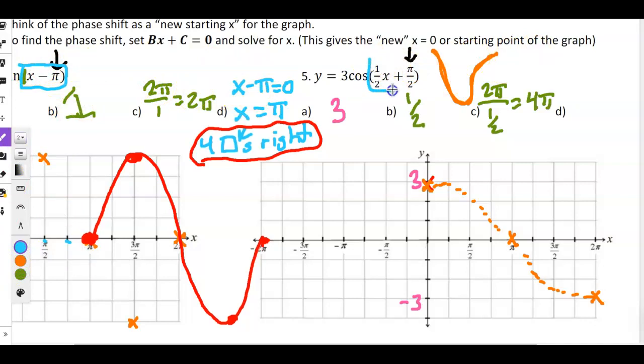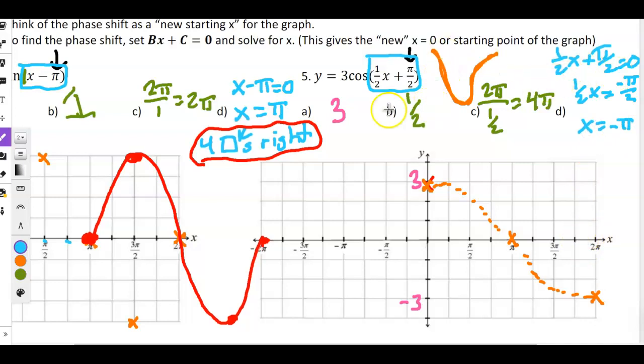It's a little bit more solving. So we got 1/2 x plus pi over 2 equals 0. So half of x equals negative pi over 2. We're going to double both sides, multiply both sides by 2. So we have x equals negative pi.